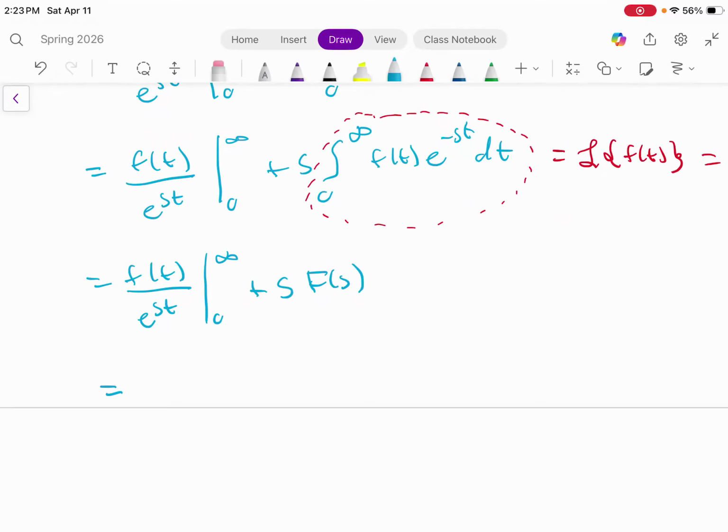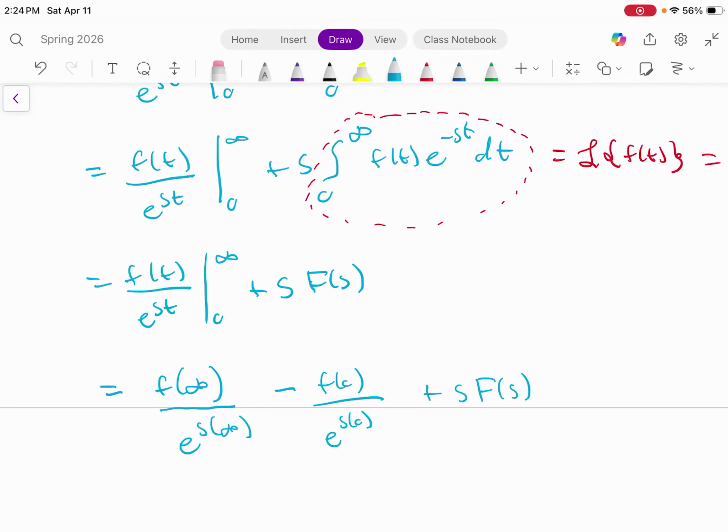So if I plug in infinity, this is like f of infinity. Be careful, it's not f times infinity, it's a function of infinity, as strange as it sounds, over e to the s times infinity, minus f of 0 over e to the s times 0, plus s times F of s.